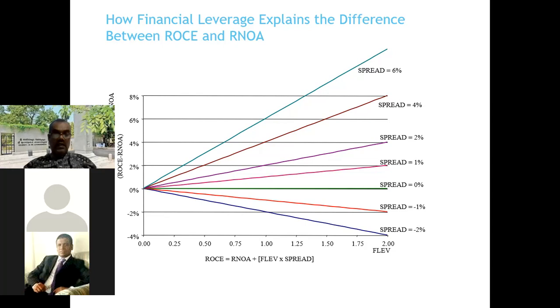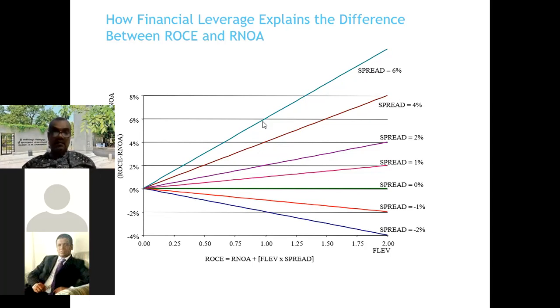ROCE is equivalent to RNOA; I already explained that. With that knowledge, you could have predicted it by carefully observing. Anyway, don't worry. ROCE is the title here, so these lines are ROCE lines, showing the impact on ROCE.